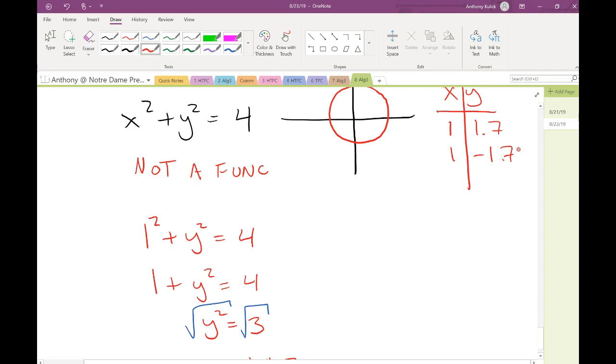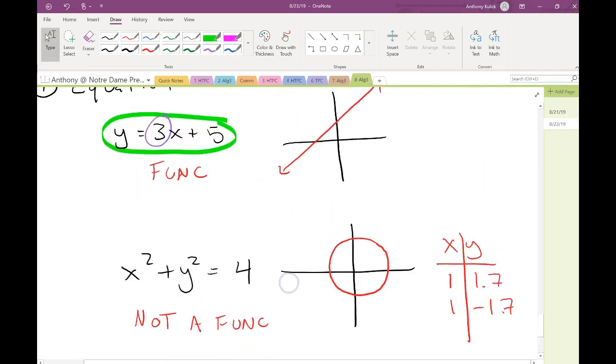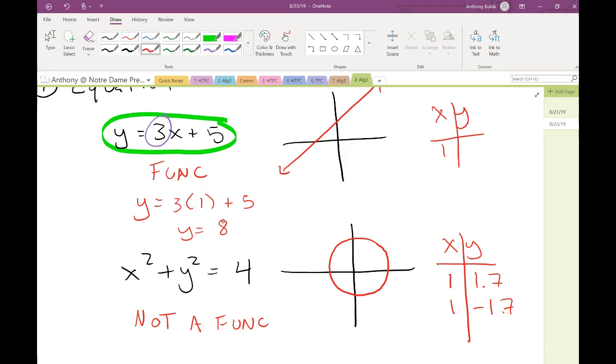If we tried to do the same thing in the previous problem, for example, if I picked x to be 1, I just get one answer, which is a good indication there that what you're looking at is probably a function.